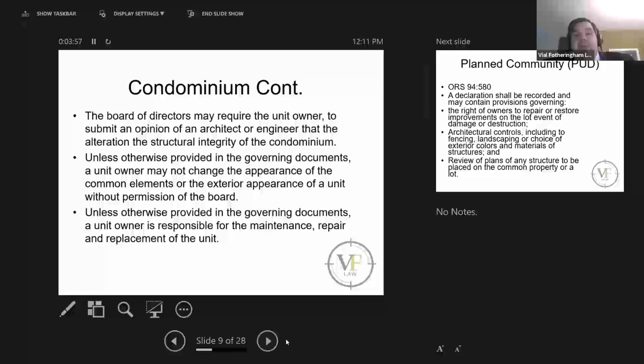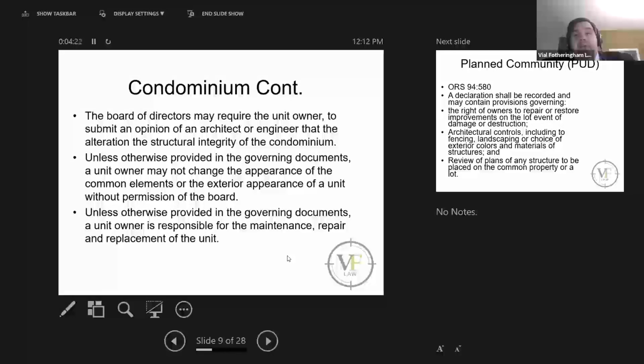These experts are hired by the owner, but the association may also hire its own expert if they don't like the opinion from the owner's expert. And they can make the owner obviously pay for the cost of this.